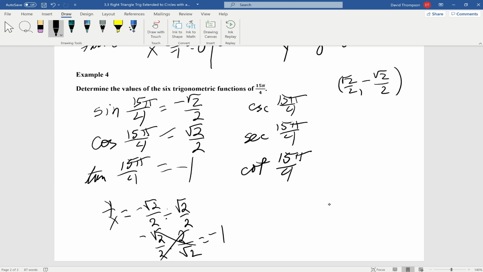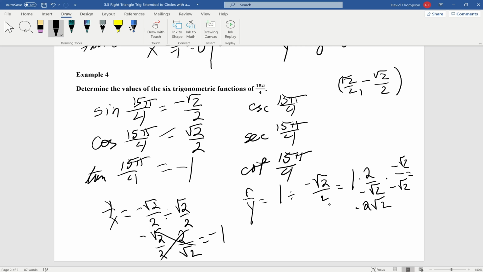Cosecant is defined as r over y. So that's going to be 1 divided by negative root 2 over 2. So it's going to be 1 times 2 over negative root 2. Rationalize the denominator.